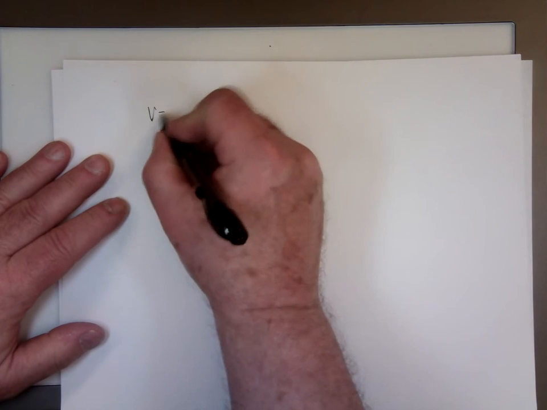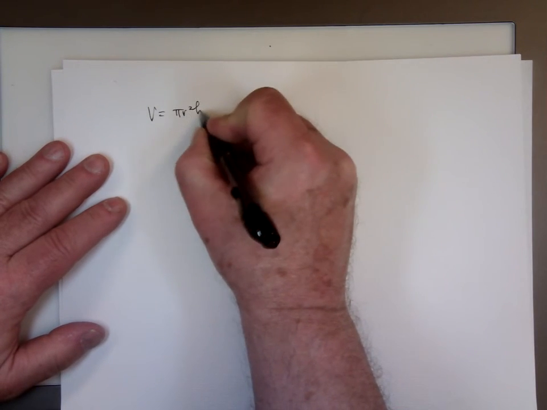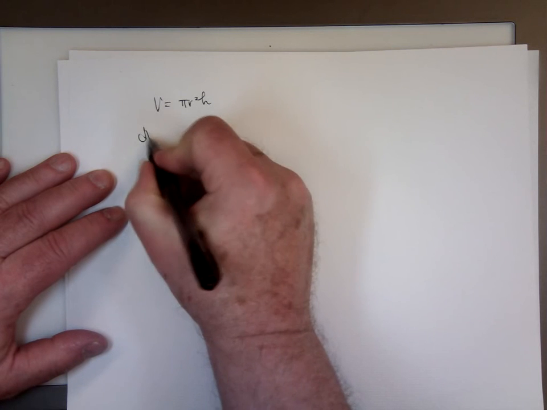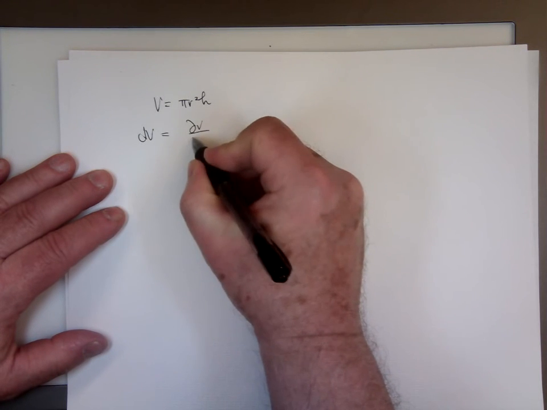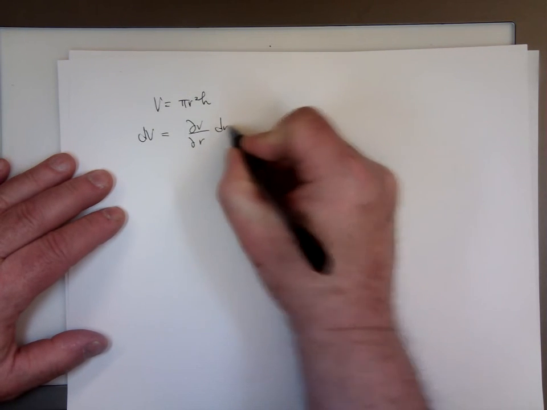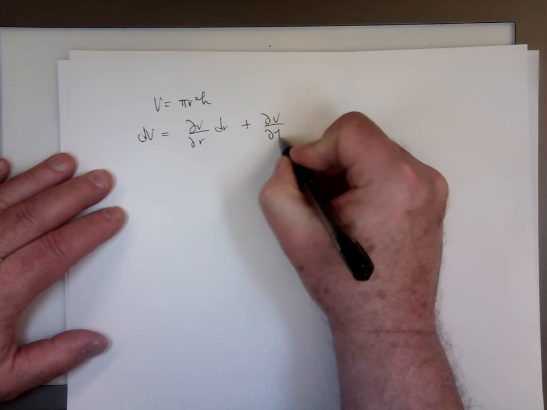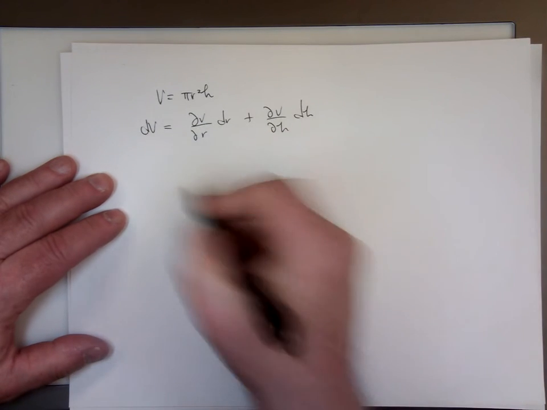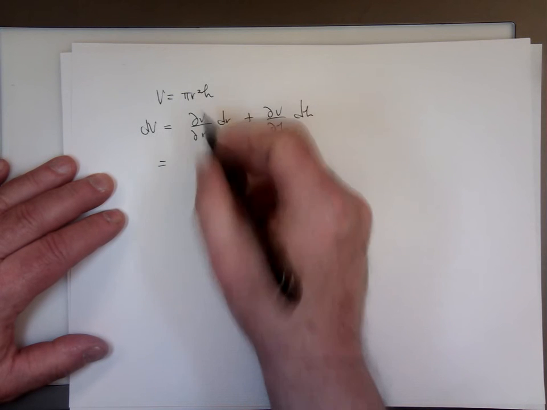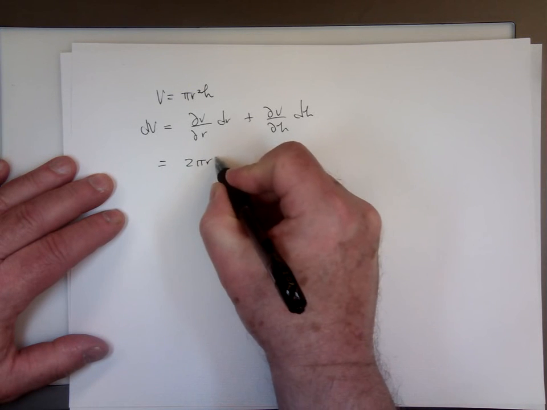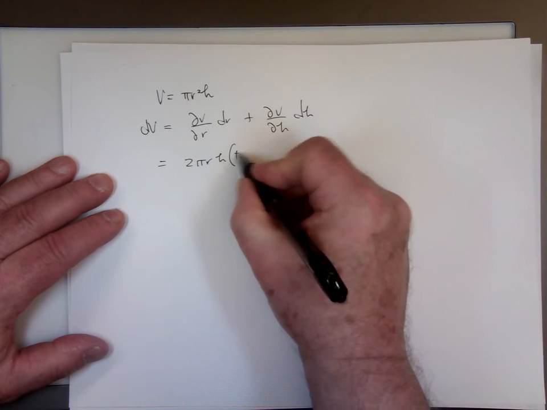Volume: pi r squared h. Total differential: partial of v with respect to r, dr, plus partial of v with respect to h, dh. Partial of v with respect to r is 2 pi r h dr, plus or minus 1%.